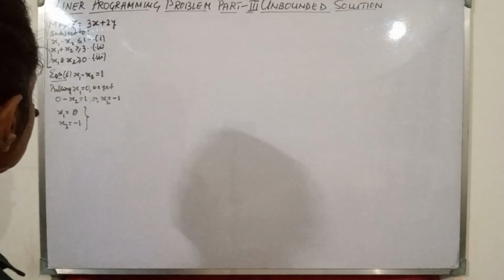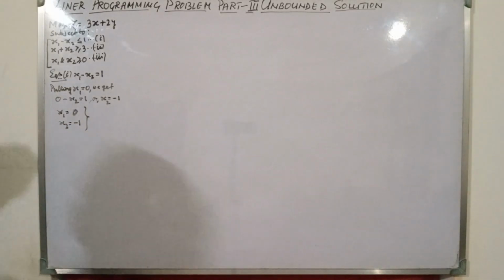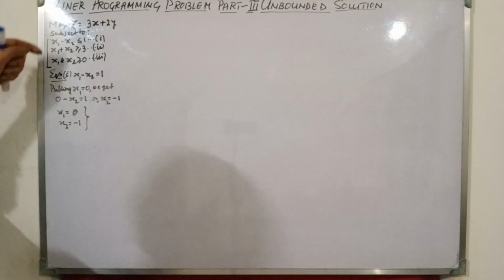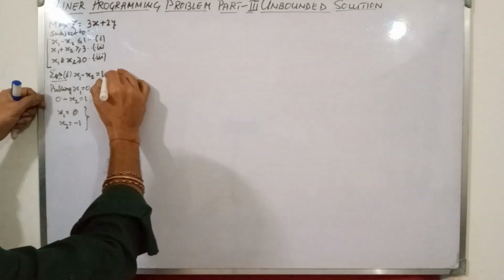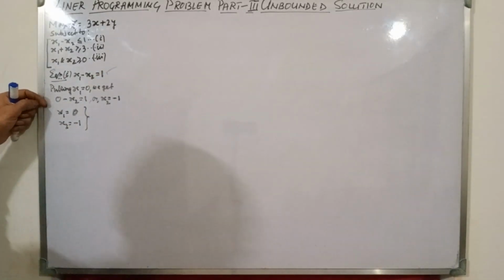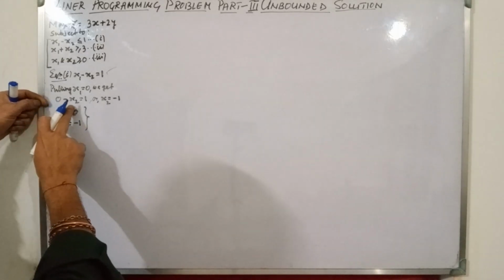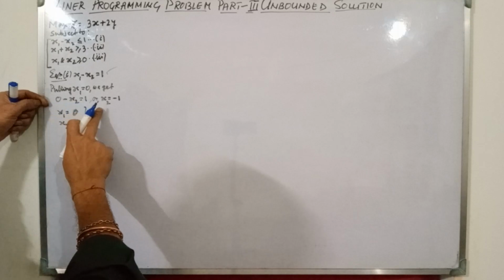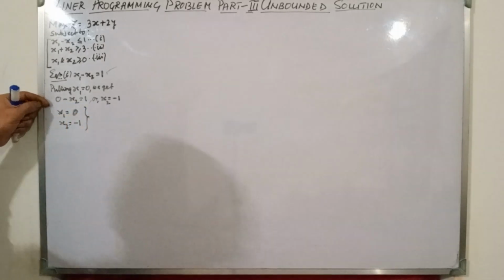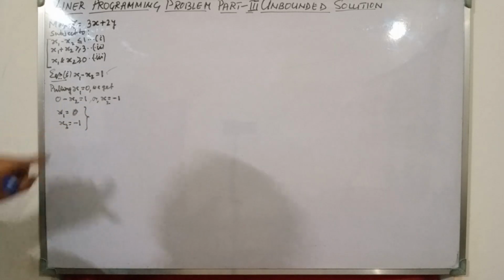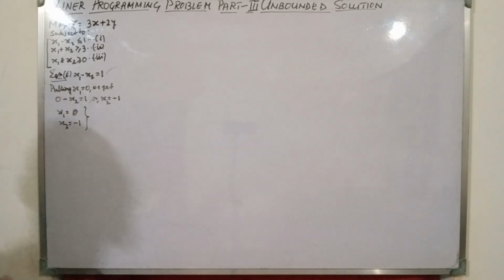This is one set of values. We have taken equation number 1, that is x1 minus x2 equals 1, and we have put x1 equals 0, so we have found 0 minus x2 equals 1 or x2 equals minus 1. So the values are x1 equals 0 and x2 equals minus 1.